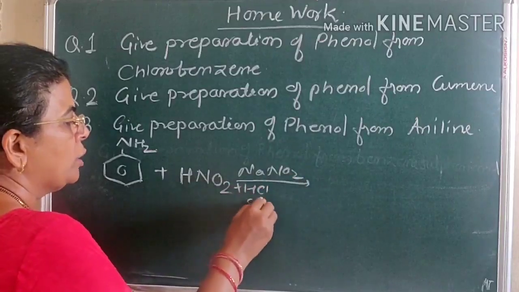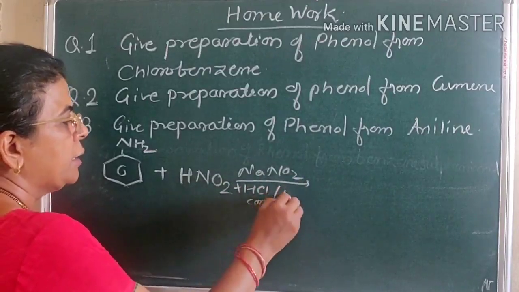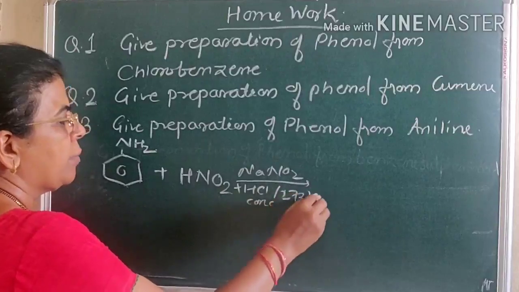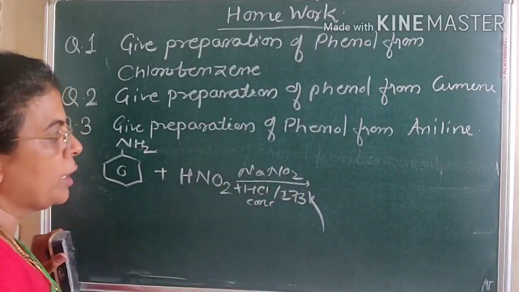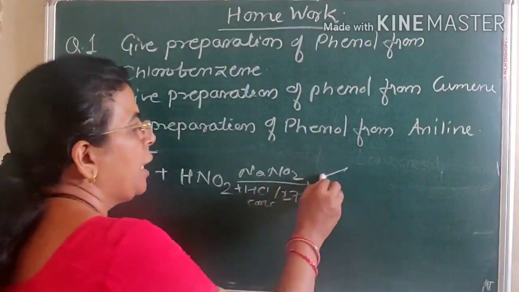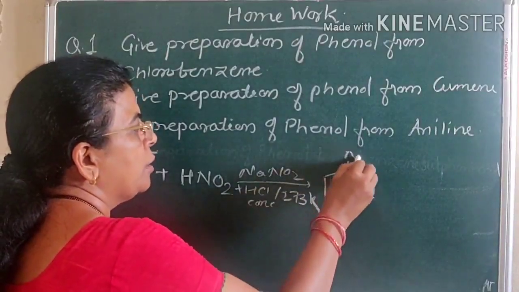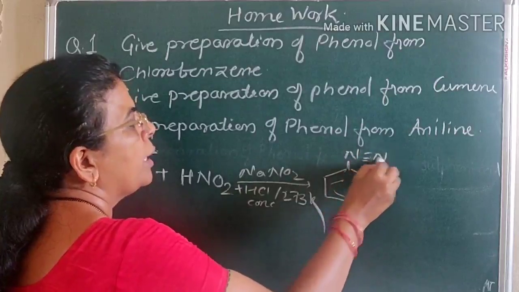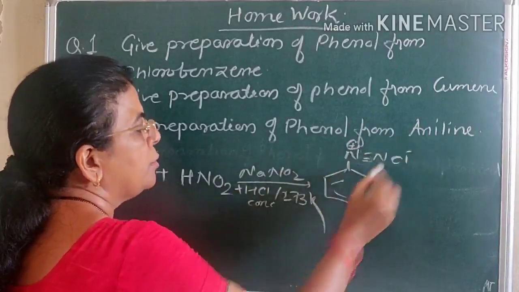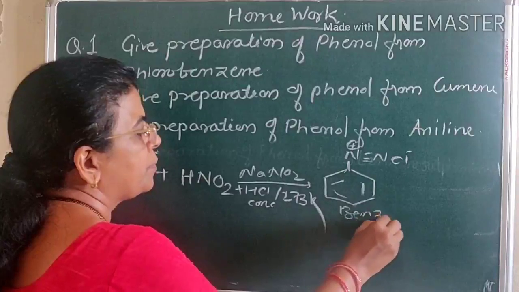This HCl is concentrated HCl, and this reaction is carried out at 0 degrees Celsius, that is 273 Kelvin temperature. Then diazotization takes place to form benzene diazonium chloride. This is benzene diazonium chloride.